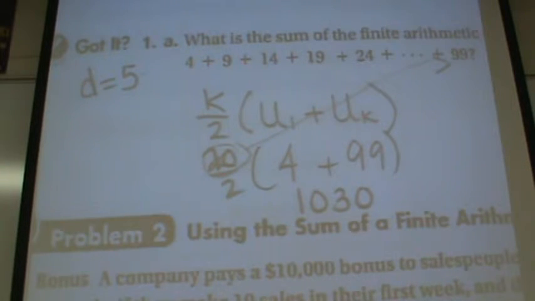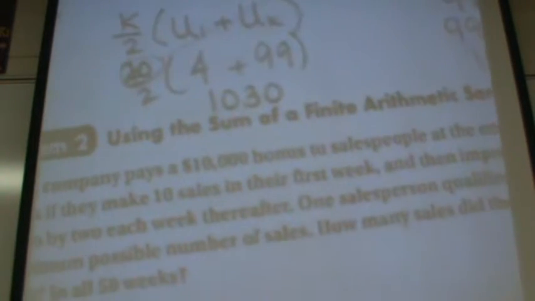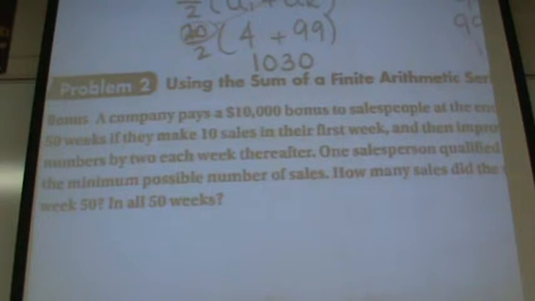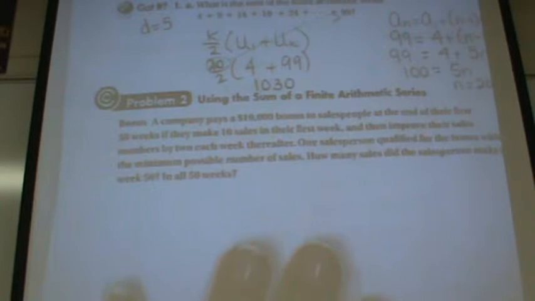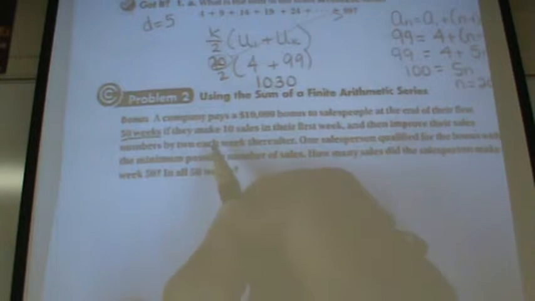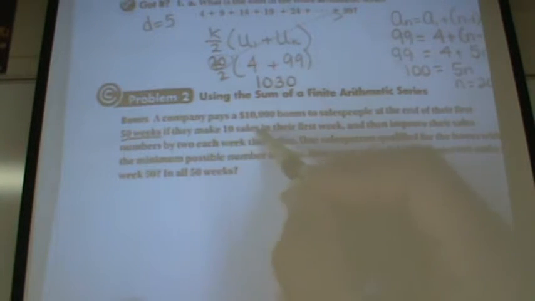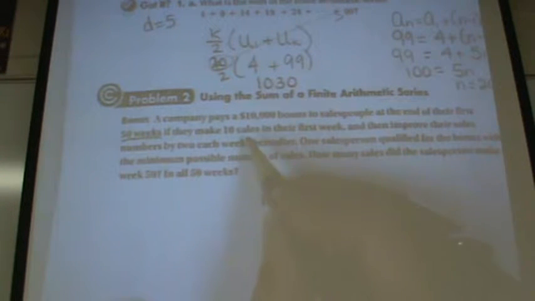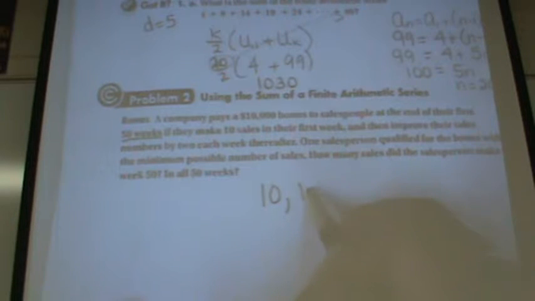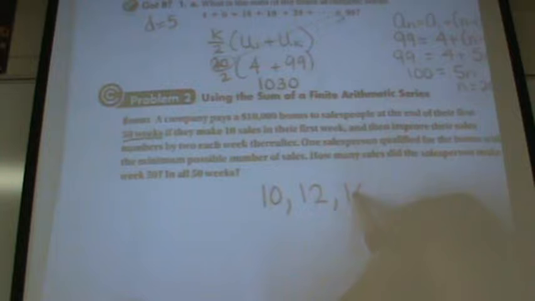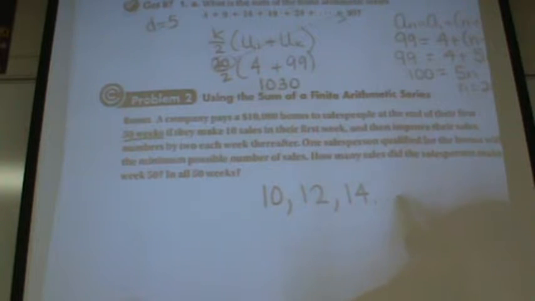Okay, one story problem. A company is going to give you a $10,000 bonus for any salesperson who, at the end of their first 50 weeks, makes 10 sales in the first week, and adds 2 to the previous week, so in week 2 you have 12, in week 3 you have 14, and so forth.